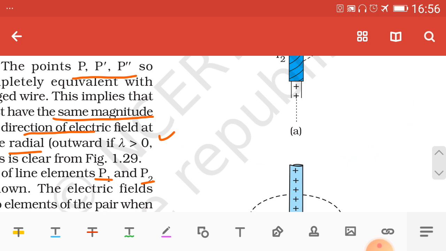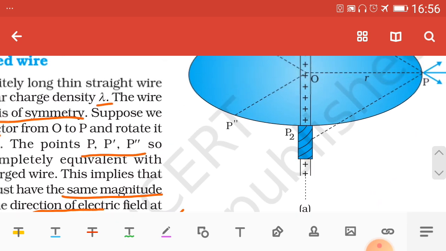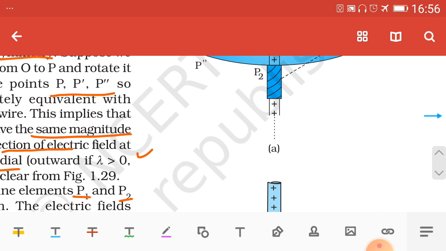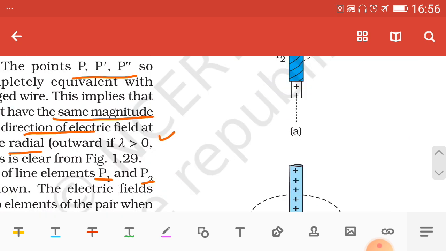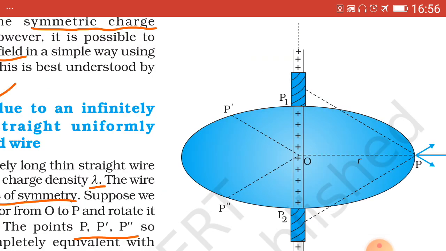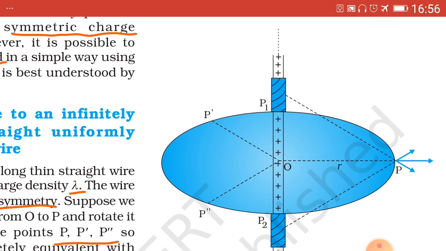Right hand side P point. Resultant electric field with its two components and the resultant arrow is in the middle at point P.